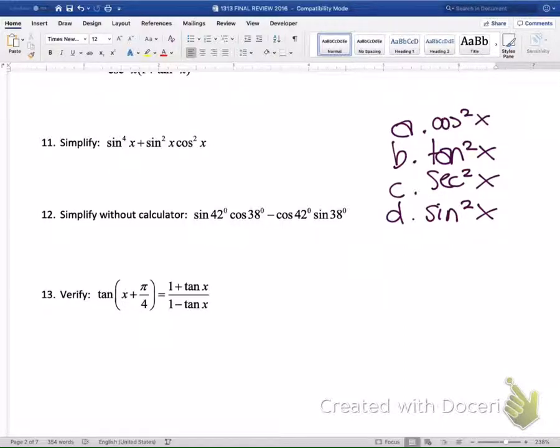So for a question like 12, I would just type in sine of 42, cosine of 38, and keep on going through each of these. Cosine of 42, sine of 38.